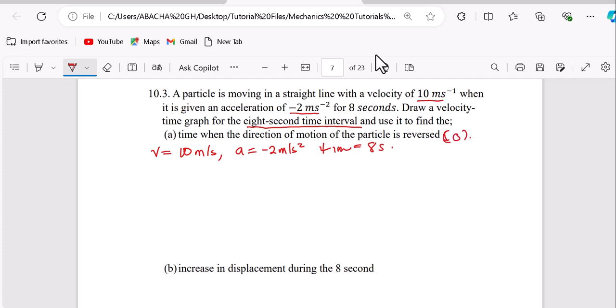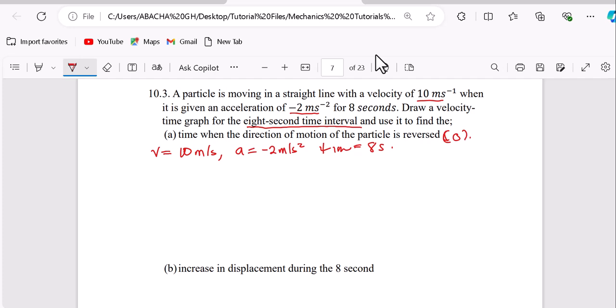Take note of this. The direction of motion of a particle will be reversed when the velocity becomes 0. That's why you should know. When the velocity becomes 0, then that is the only point that we can actually go back, because when we hit 0 and we are proceeding, it means we are hitting negatives.